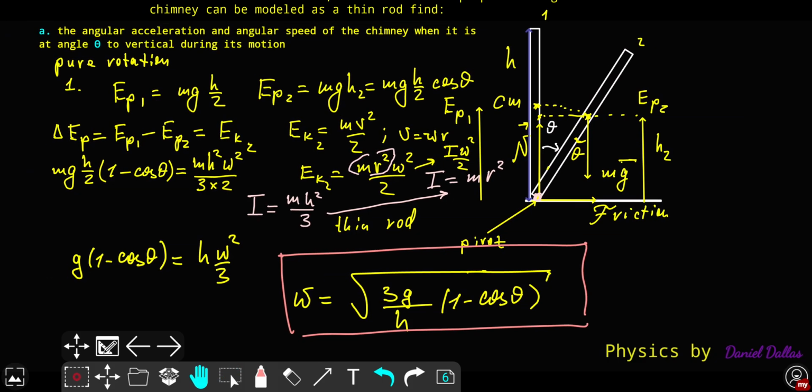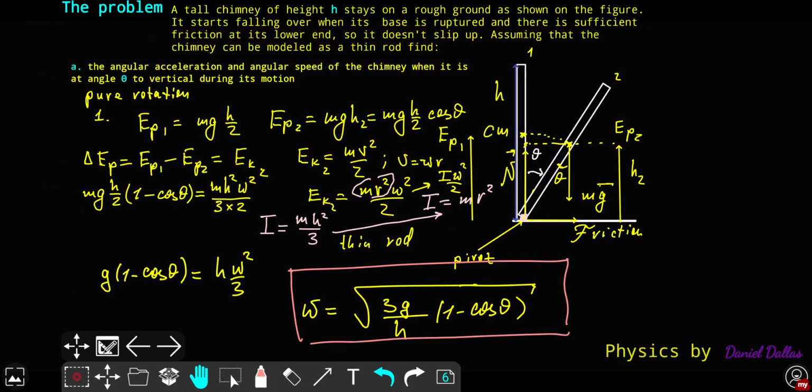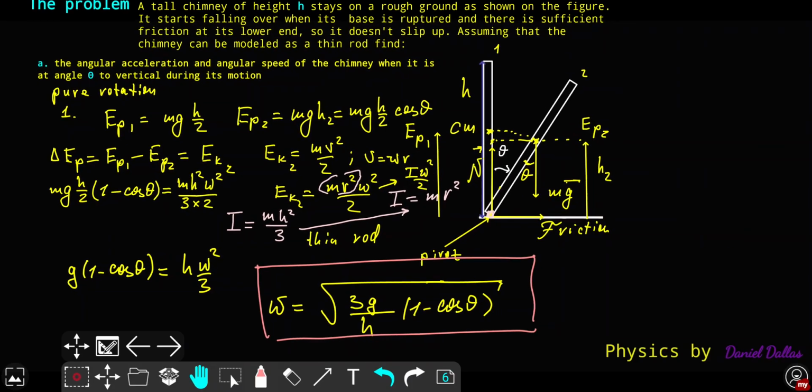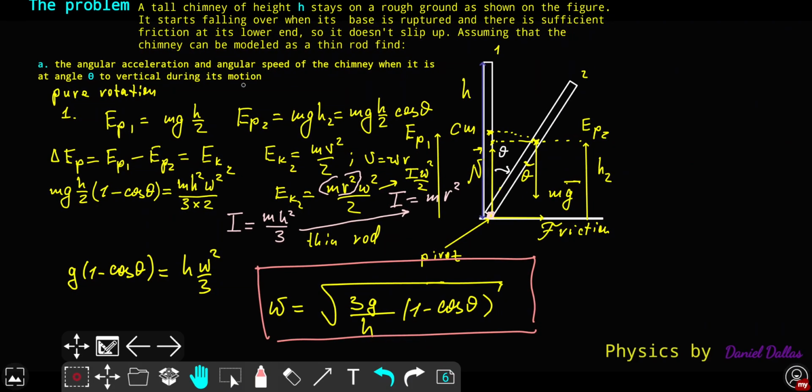According to what we are supposed to do, we need to define the angular acceleration and angular speed. Right now, we've got the angular speed. So we define that value.